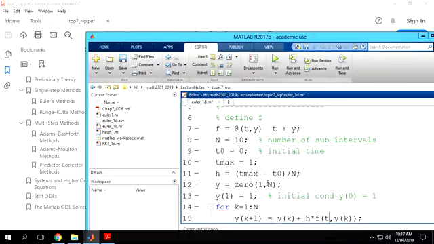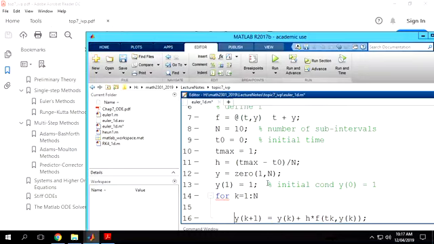So what is t? So tk is just h times k, right? Because remember the width of the step size is h.